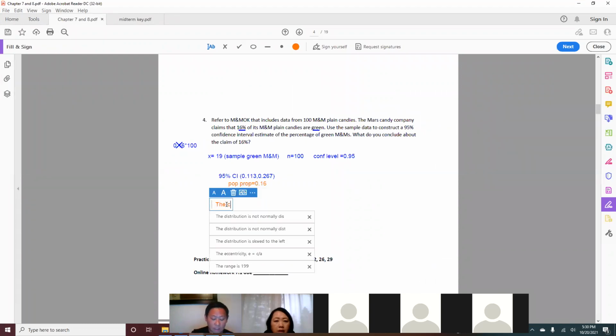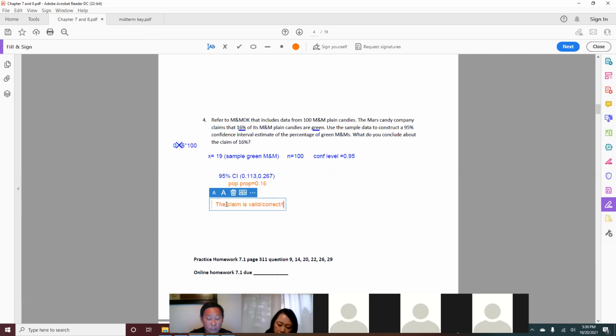The claim is valid. You can say valid, correct, true, or right, all the positive ones, because 16% is inside the confidence interval.